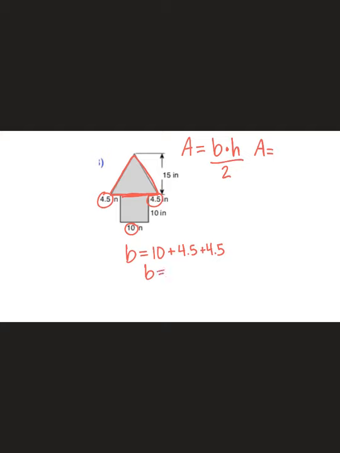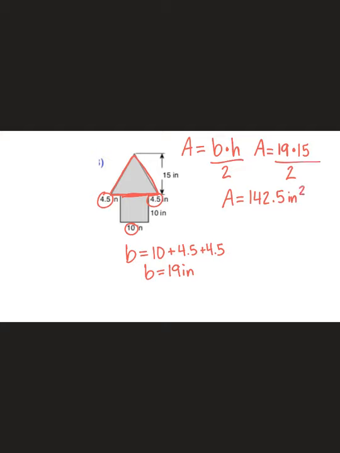That's a total base length of 19 inches. So I'm going to fill that into my number sentence. 19 times the height. The height is given to us. It is 15 inches. And then I know I'm going to cut that in half and divide it by 2. And so the total area for the top part of the compound irregular figure is 142 and 5/10 inches squared.